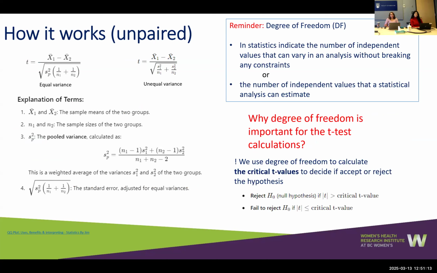SAS is going to calculate variance and degrees of freedom for both, and show you the statistic for unequal variance, equal variance, and the statistic for the variance. Based on the variance assumption, you can decide which p-value you're going to use.